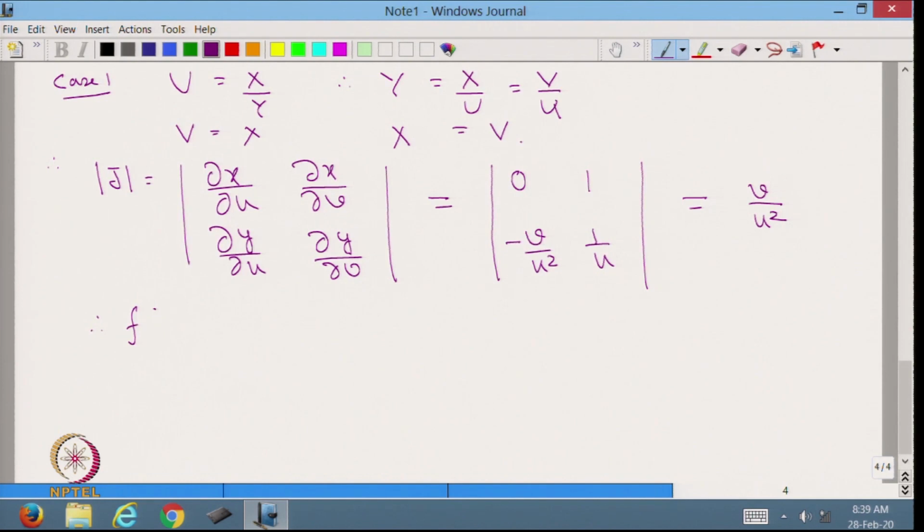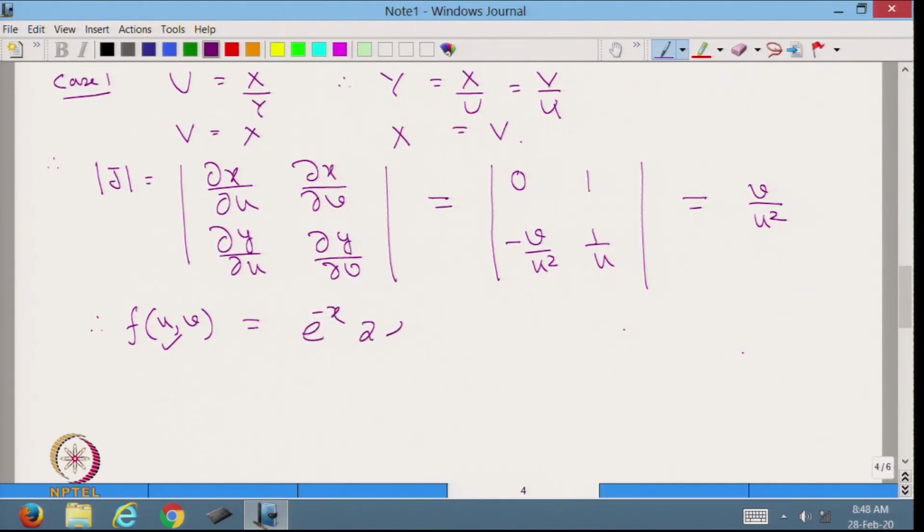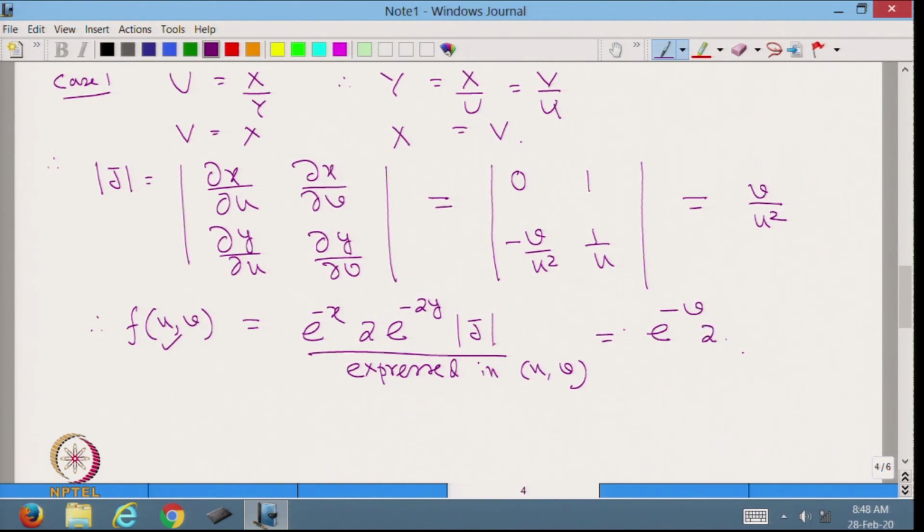Therefore, joint PDF f of u v is equal to e to the power minus x into e to the power minus 2 y into determinant of J, which is expressed in u comma v, is equal to e to the power minus v into e to the power minus 2 v by u into v upon u square.